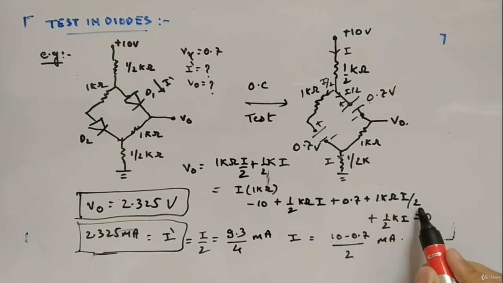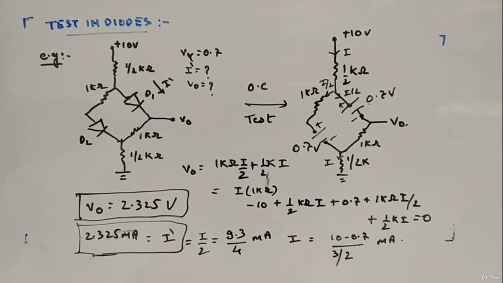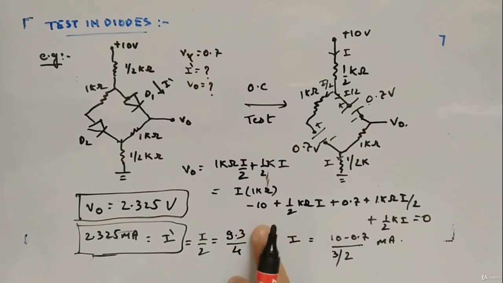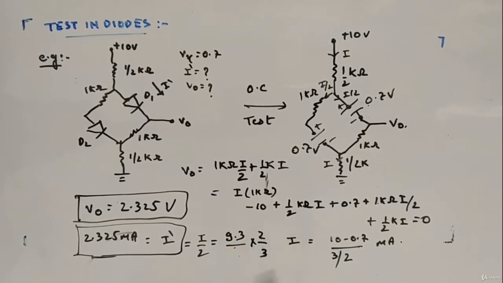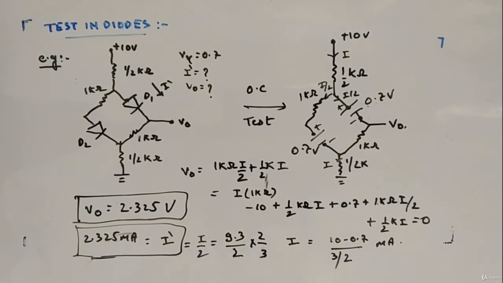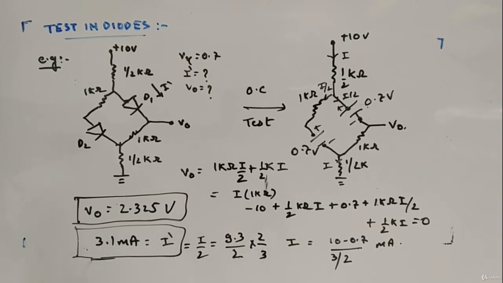So 1 by 2 is there, so 3 by 2 kilo ohm will be there, so 3 by 2. So this will be 2 by 3 into 2. This 2 will get cancelled, and this will give you 3.1 milliampere.